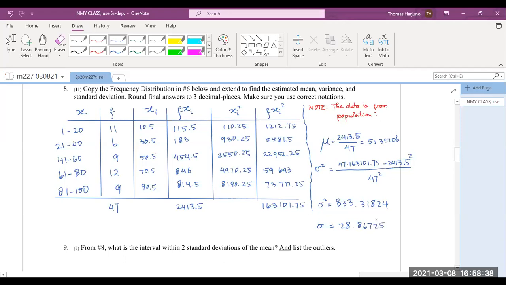Now I rounded to 5 decimal places here, even though it says round to 3 decimal places, right? But if you want to round it to 3 decimal places, go ahead. So later on, you will rewrite this as 51.351, and this one here as 28.867.